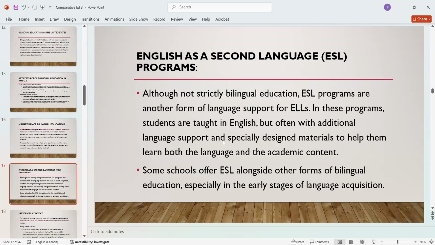English as a second language programs, although not strictly bilingual education, are another form of language support for ELLs. An English unit is there in every university, and they are giving English training to the students.